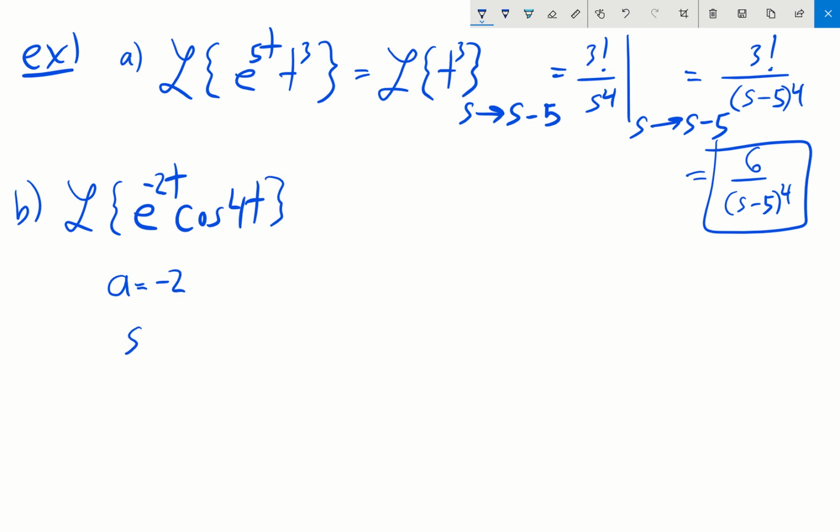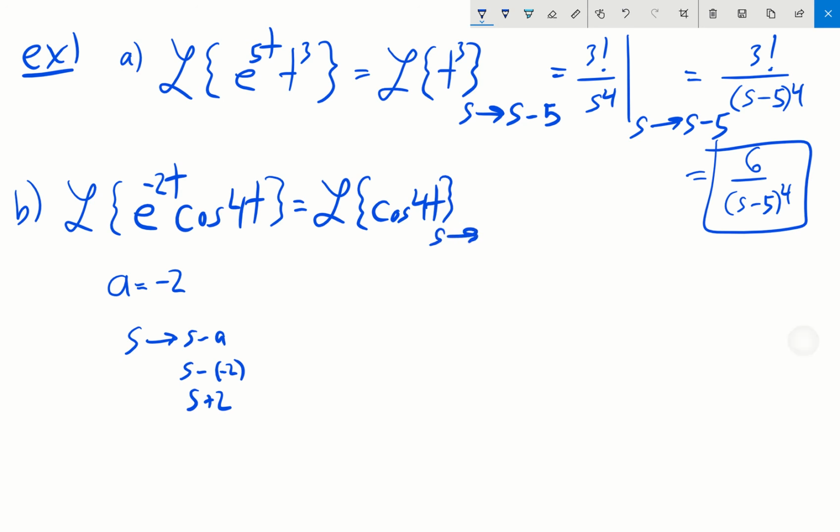And remember, it's always s going to s minus a. So it's s minus negative 2, which is s plus 2. So this is going to be equal to the Laplace transform of the cosine of 4t, where s gets moved to s plus 2.